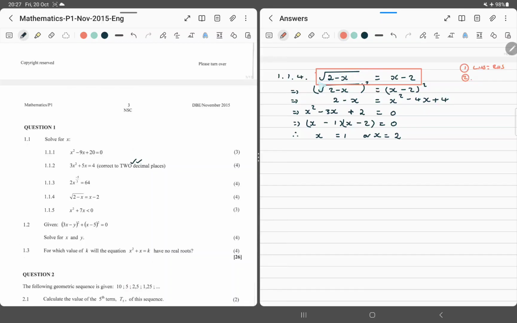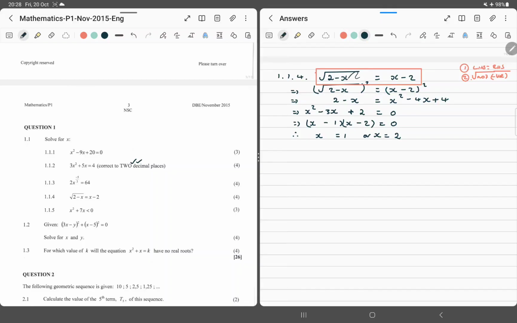Once we've got surds or square root signs or radicals, we must never have a negative under the square root sign. It is not allowed. So that is what we need to double check there.